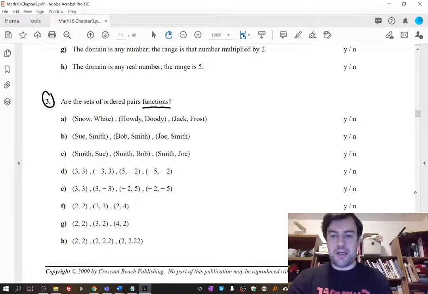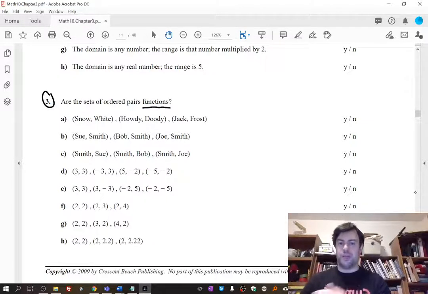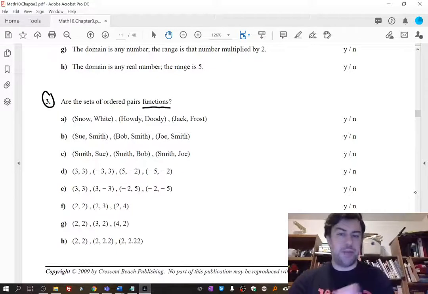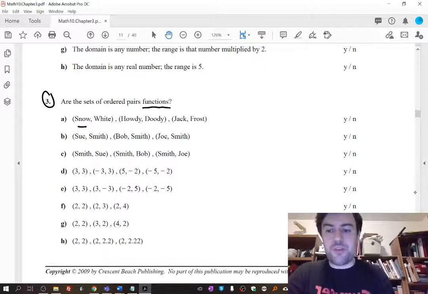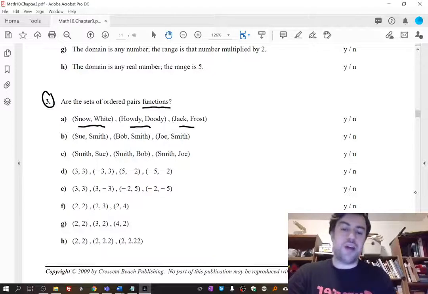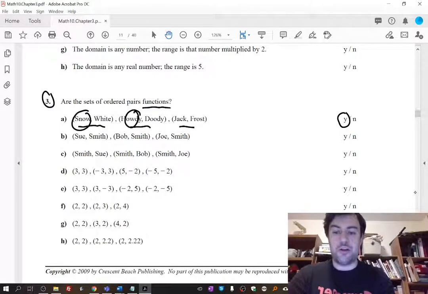Here we have, these aren't numbers, they're mapping names together, like first name, last name. Okay, sure. So we have Snow and White matched together, Howdy and Doody, Jack and Frost. So I'm going to say yes, this is a function because each x value, Snow, Howdy, and Jack, are all mapping to different values.